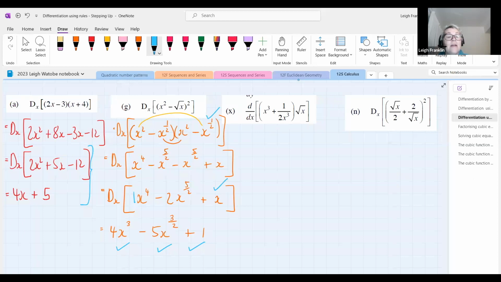That's how you get negative 5. Then you're taking 1 away from the exponent. Same with the last one. You're taking 1, you're multiplying it by 1, and then you're taking 1 away. All right, Cynthia, I hope you heard that. I just explained again how you would apply the power rule to every single term.